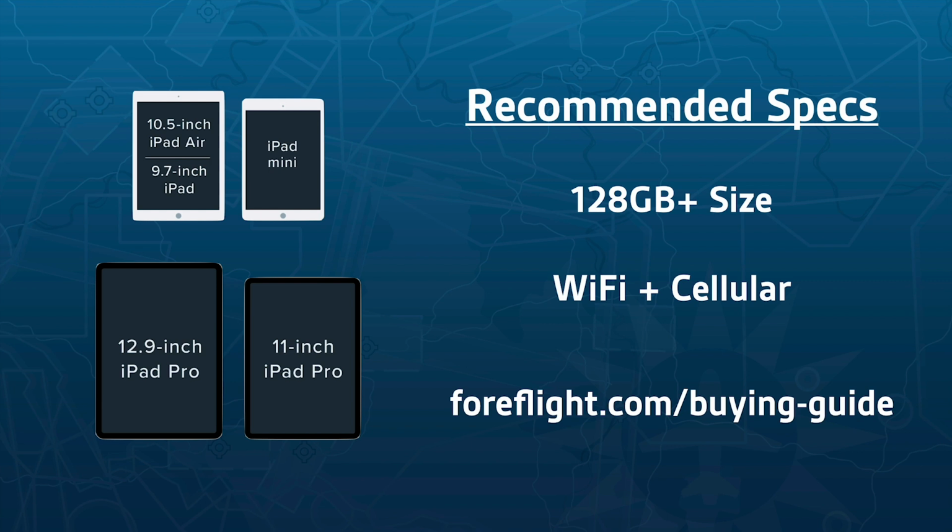It simply means that a Wi-Fi and cellular device will include an internal GPS chip, which is required to have your airplane show up in the air. For more on that, you can visit foreflight.com/buyingguide. As the devices come out, we update that website and we can give you more detailed recommendations.